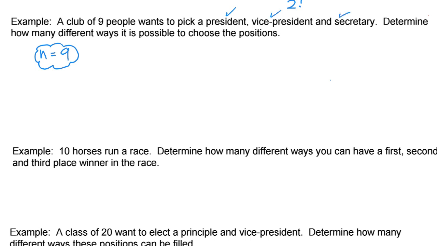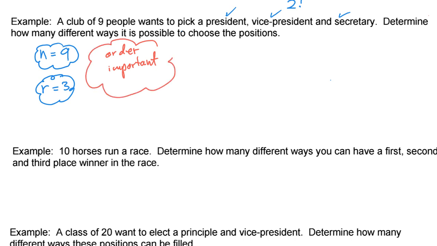And guess what? Order in this case is definitely important, because our president, vice president, and secretary are unique people within our organization. So we have to choose R of them. Because order is important, we have to permute them.